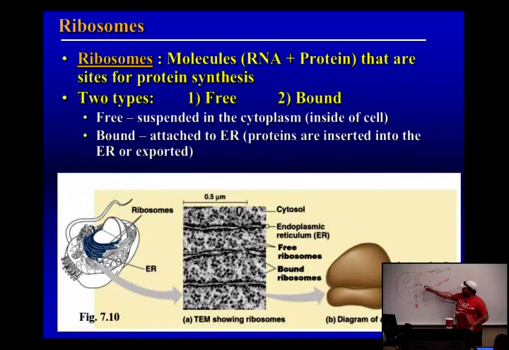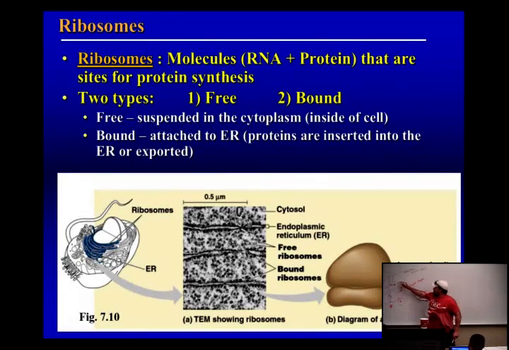So those have to be synthesized on the rough ER, which we consider the bound ribosomes, and not the free ribosomes. Because free ribosomes can only make functional proteins that are going to work inside the cell, inside the cytoplasm.